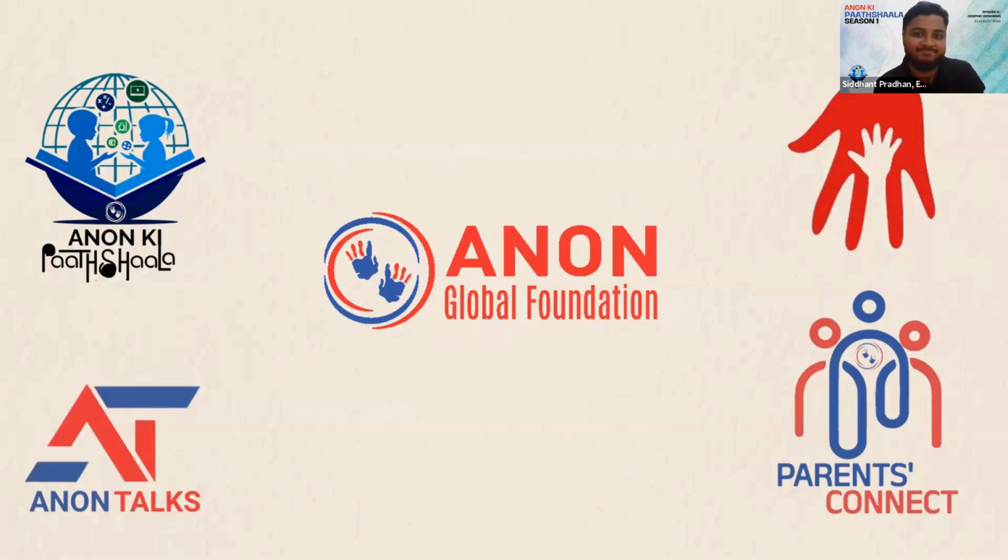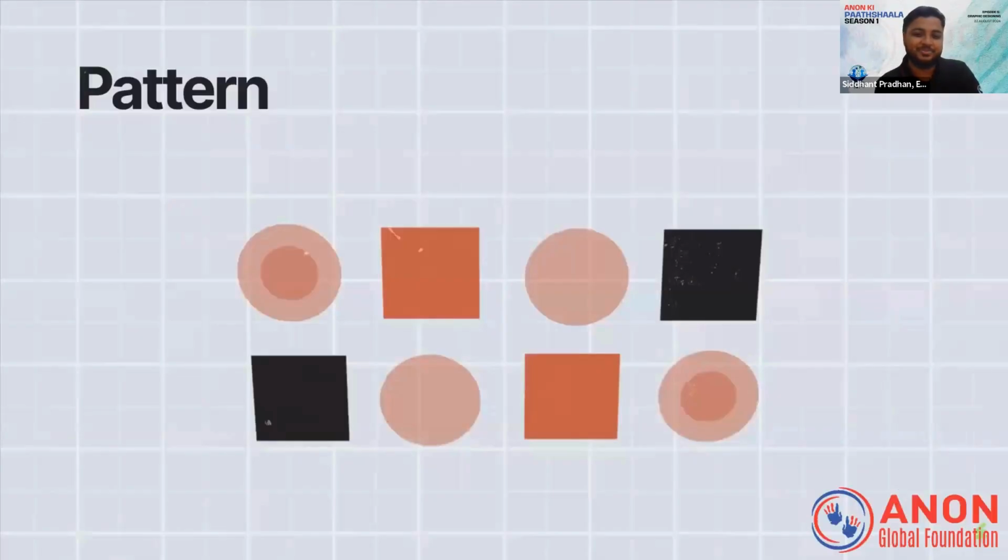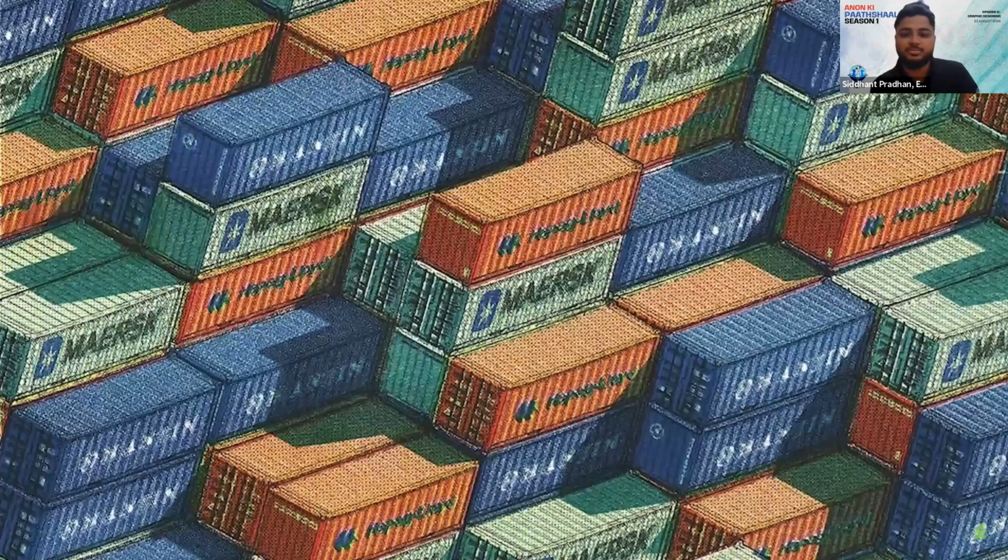Can we move ahead to the next one? Pattern again. Pattern plays a vital role. Let's have an example by moving ahead to the next one. So again, pattern, we have different decks.